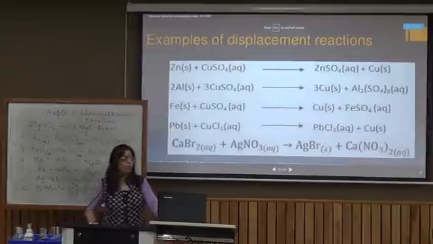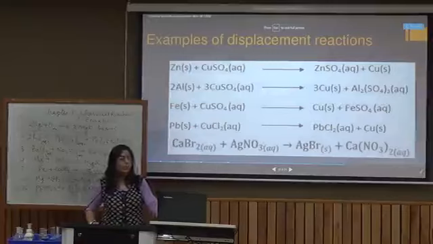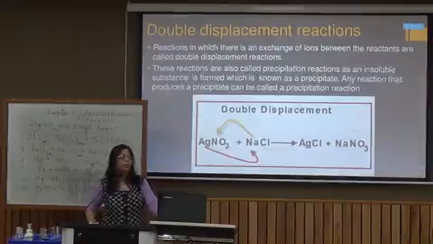This is calcium bromide reacting with silver nitrate, producing silver bromide and calcium nitrate, and this is not a displacement reaction, it's a double displacement reaction. So let us look at double displacement reactions.